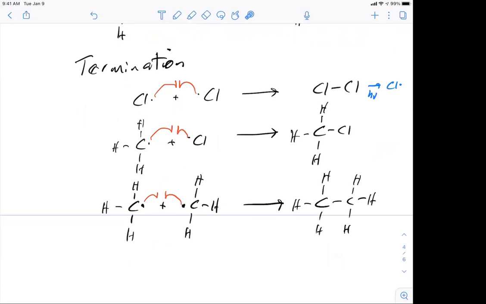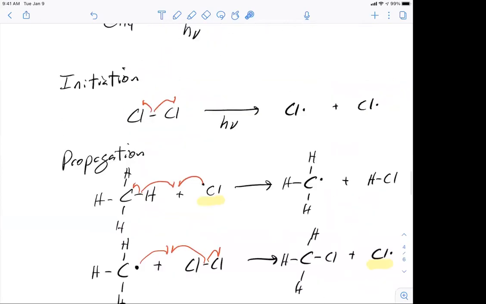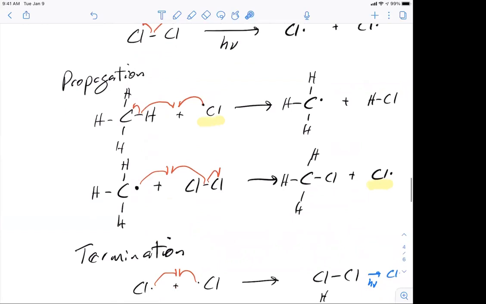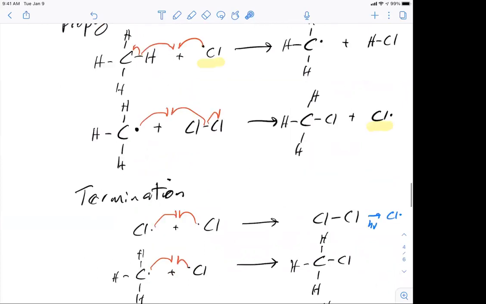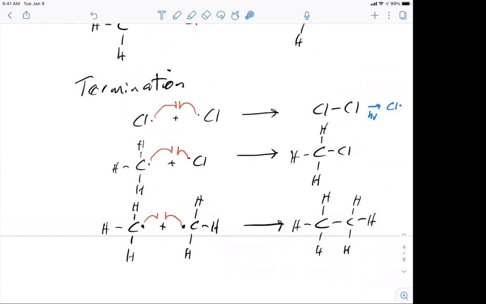Questions about this one? So initiation, we form two radicals. Propagation, we utilize those radicals. We go from one radical to one radical. The best ones you're going to see start with the same radical and end with the same radical. And then termination, any two radicals that come together, and they can be widely different.